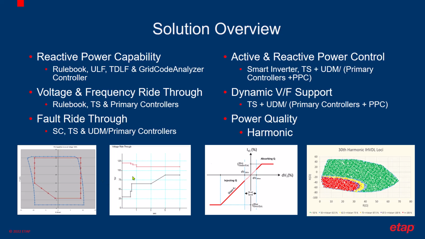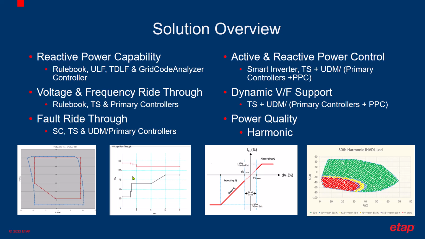We will learn how to enter voltage and frequency ride-through information and how we utilize that information in our dynamic analysis to verify and validate the performance of the inverter-based resources under lower and higher voltage conditions in the system. We do fault ride-through analysis by placing a fault in our dynamic analysis, and we'll see how the system responds. You can do the same thing in the steady state and short circuit analysis as well.